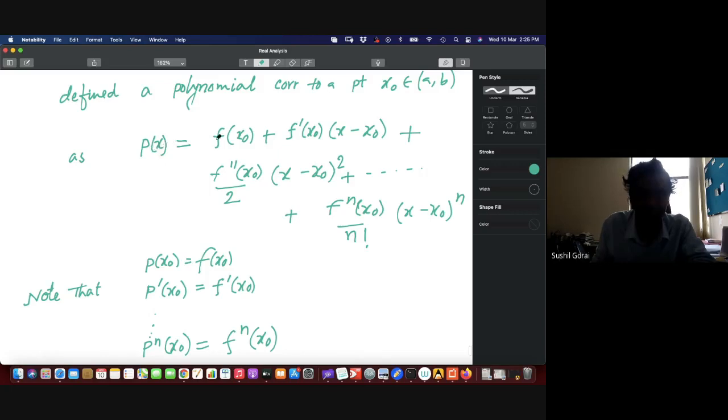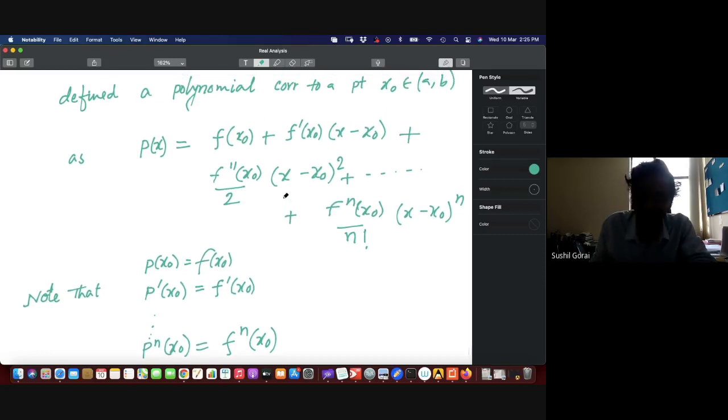So the interesting point here is that since f is differentiable, it is continuous, so f x is very near to f x naught, right? So f x minus p x will be some constant times mod of x minus x naught, which is less than delta, right? So that gives you the closeness.